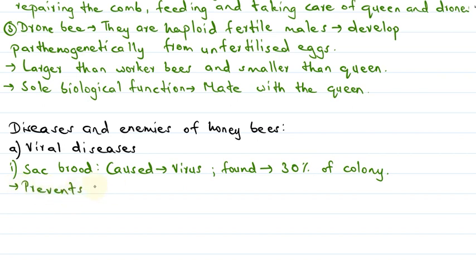This disease prevents the larvae from pupating. So the larva cannot develop into a pupa. The pupating process is prevented when this disease occurs.